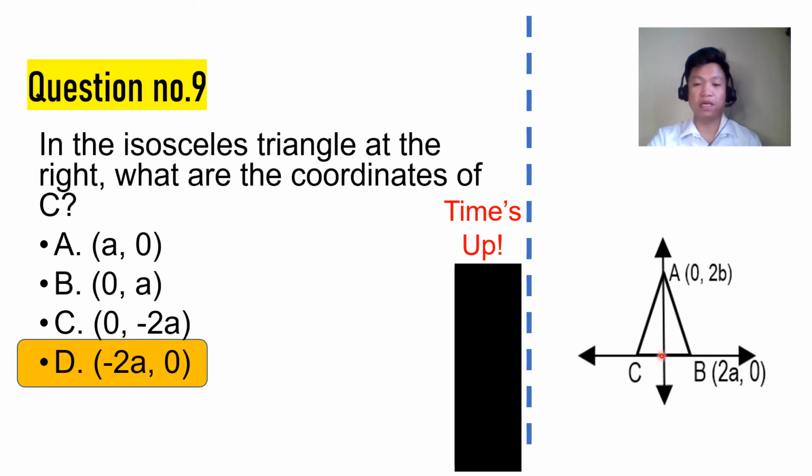Alam niyo naman yan, no? Pag nasa quadrant 2, negative ang ating x-axis. That's why yung ating distance, parehas lang doon sa B, pero naging negative ang kanyang x coordinate. That's why the answer is -2A. Tapos still, ang kanyang y coordinate ay 0. Nandun pa rin naman siya sa x-axis. Hindi naman siya umangat or bumaba.